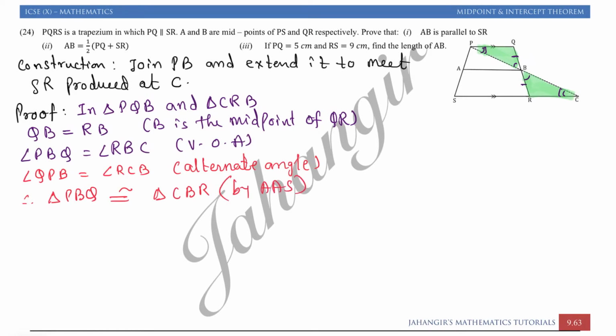So once that triangle is congruent, therefore I can say PB is equal to this side. PB is equal to BC and PQ is equal to RC. Reason is corresponding parts of congruent triangle. You can take CPCT.